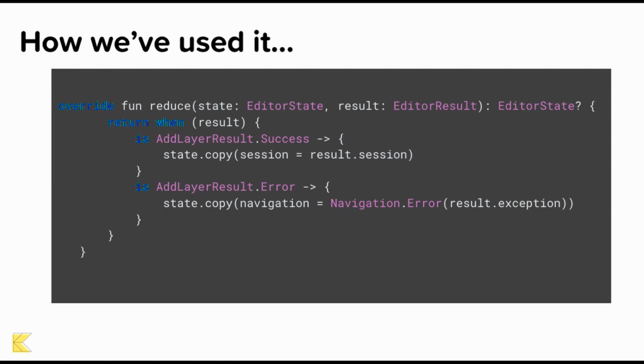When just goes through all the different options: when it is a success result, copy a certain session; when it is an error, copy the error over to the state of the class. Now if I go and add another result to that sealed class, this code won't compile anymore because I'm not handling all the cases within this when, right? So your code everywhere that accesses that sealed class will start to not compile.